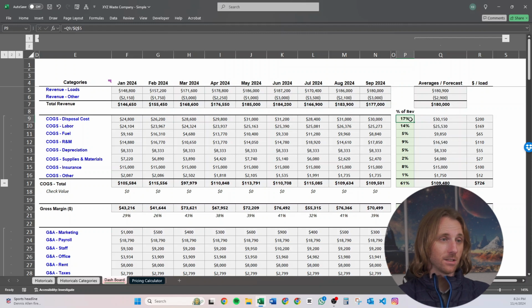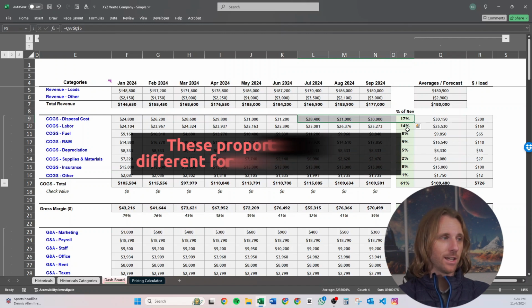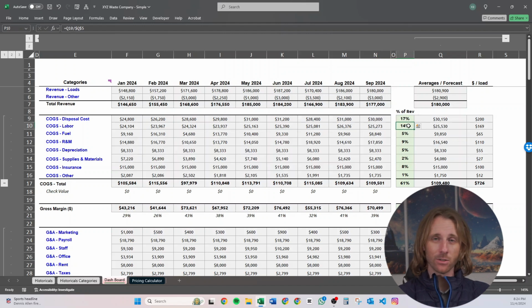Some I've seen where the disposal cost is in the 30-40% range, and the labor really isn't the biggest consideration when it comes to their cost of goods sold. In this particular case though, these are fairly evenly weighted, and then the remaining cost actually is a pretty good proportion, 31% here, coming from everything else, including repair and maintenance, depreciation, and all these other cost categories.